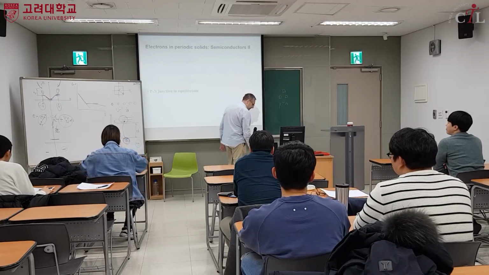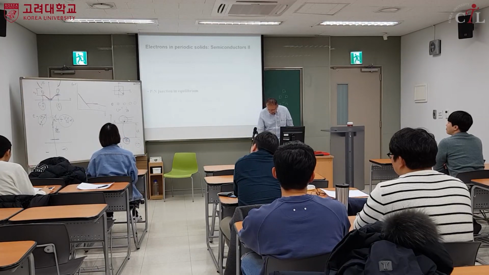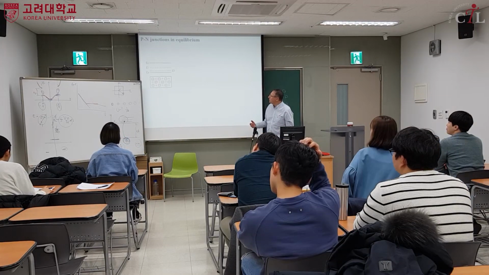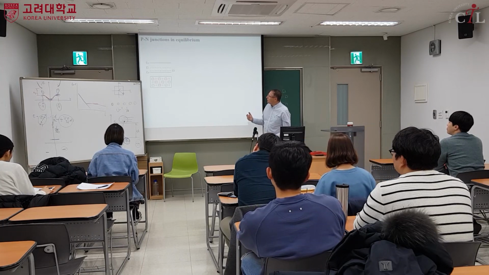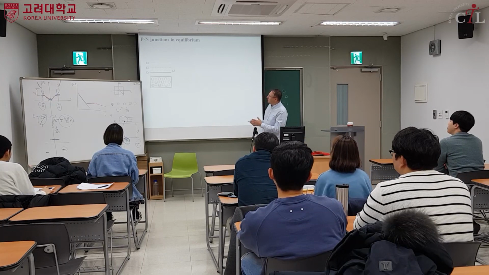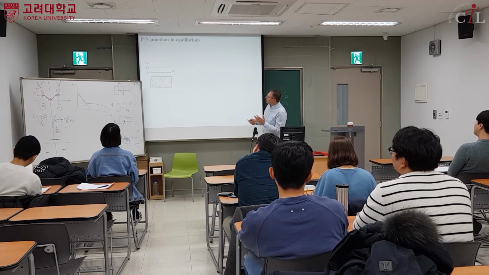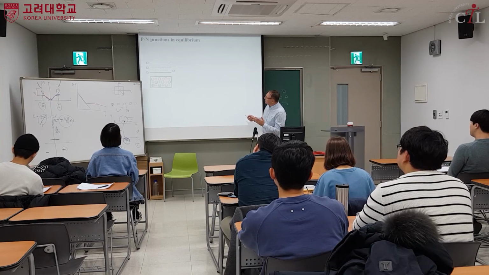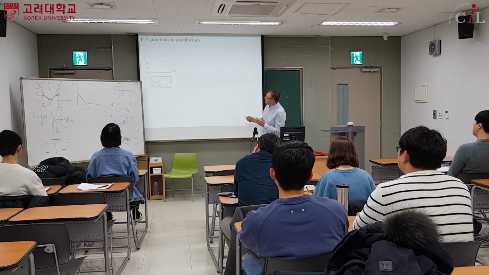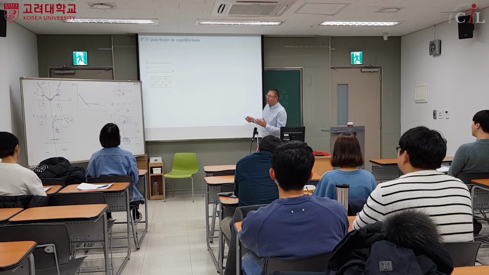The p-n junction. Let's say we don't know how it works, but there are steps, and this is how it is explained in the books. So what is this schematically shown here? This is p-type material, correct? Yes.